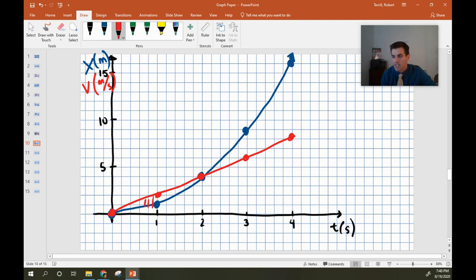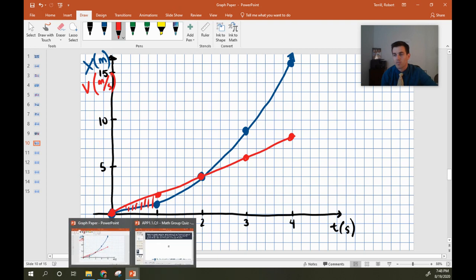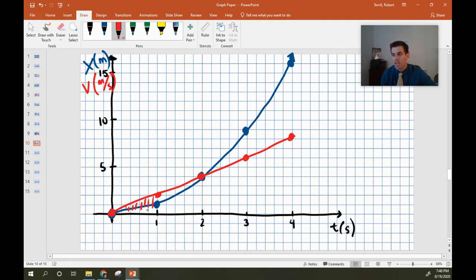I'm going to calculate this area right here under the curve. This is a triangle, and a triangle can always be calculated by doing 1/2 base times height. So that's going to be 1/2. The base of this triangle is 1 second, and the height of it is 2 meters per second. It's meters per second again because that's the units of this axis.